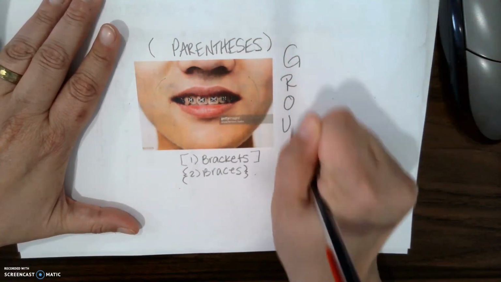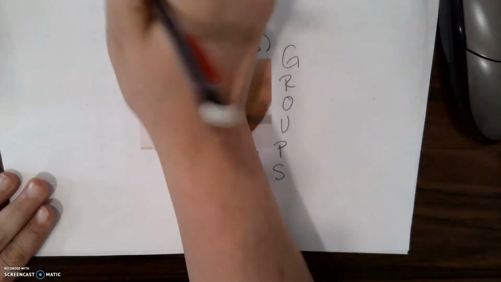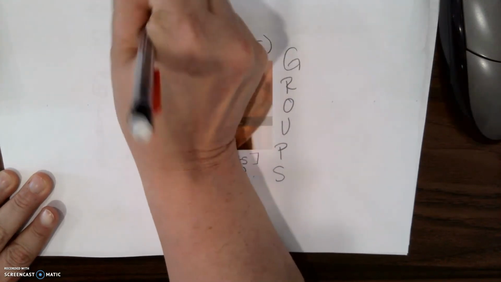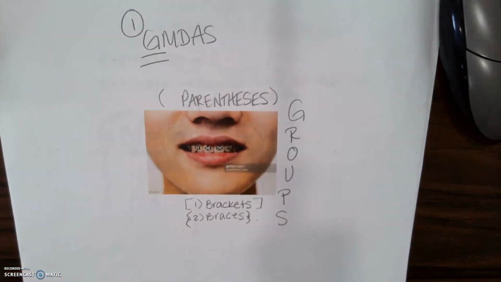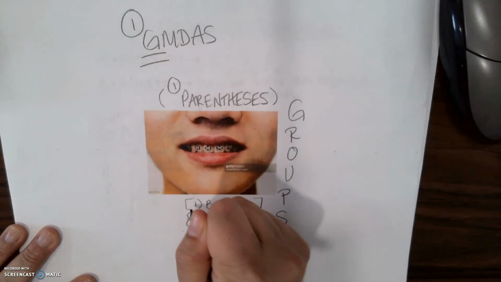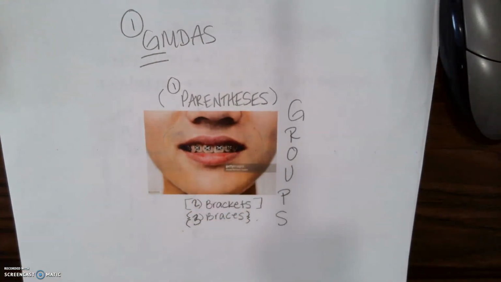That's the first of GMDAS. Okay? That's the very first step in groups. Parentheses is first, brackets is second, braces is third.